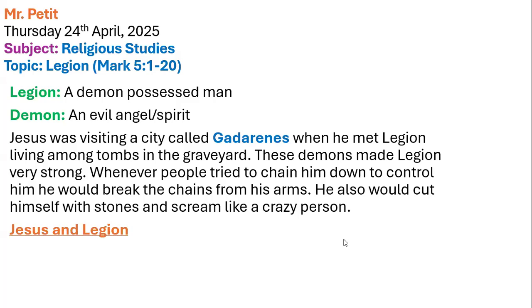He was depressed, it seems like. Psychotic. He used to act crazy. He used to break chains. He used to live among the tombs. He would scream and howl. This is very weird activity, right?